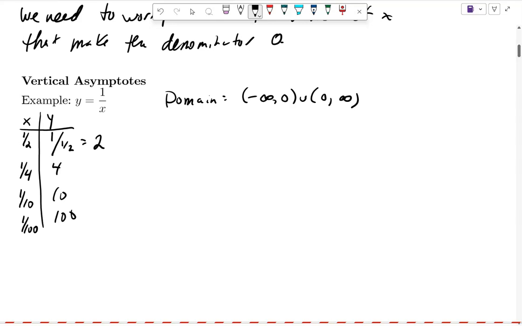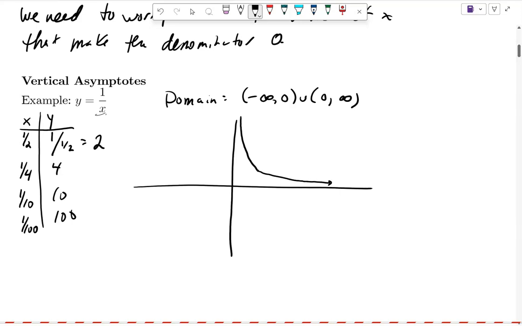Okay. So what we notice here on the graph, hopefully, is that I get really, really big numbers the closer I get to 0. Now, also, if x gets really, really big, we're also going to make our fraction really, really small, right?